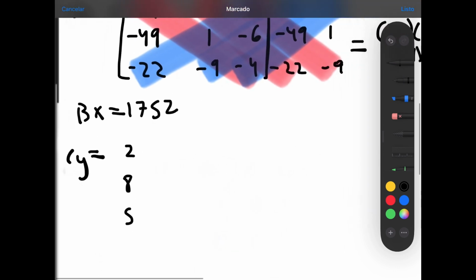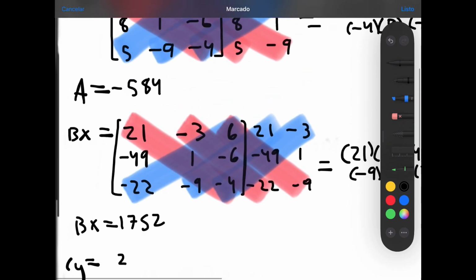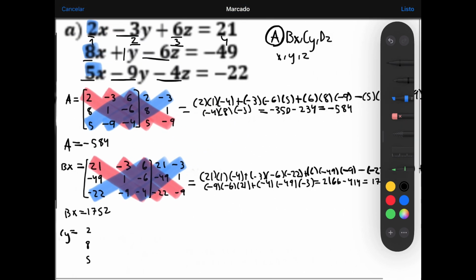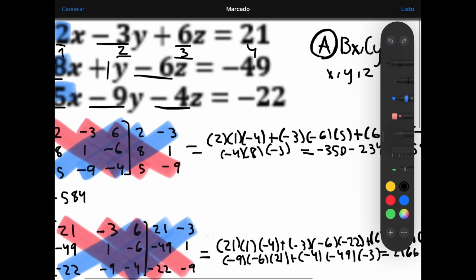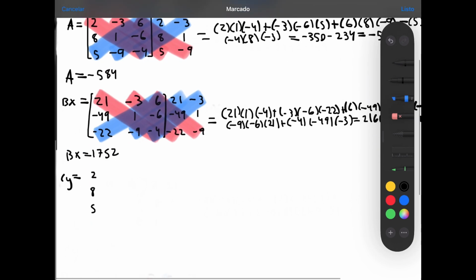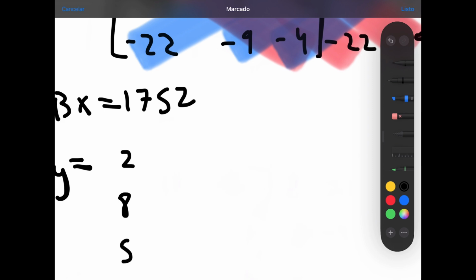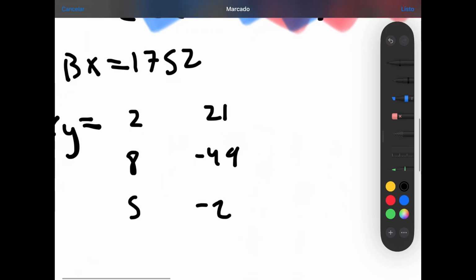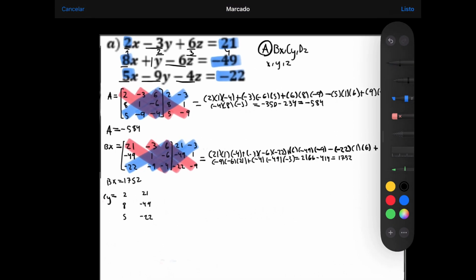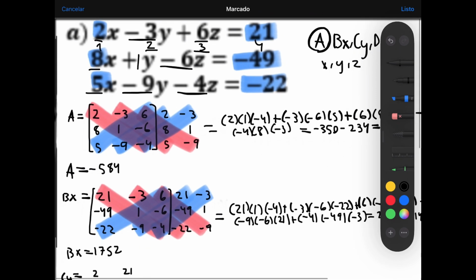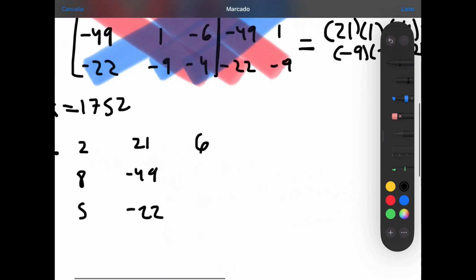Then the fourth coefficient: the 21, the minus 49, and the minus 22, and keeping the third one the same: 6, minus 6 and minus 4.